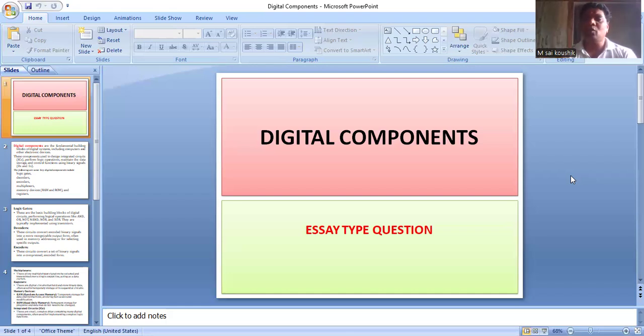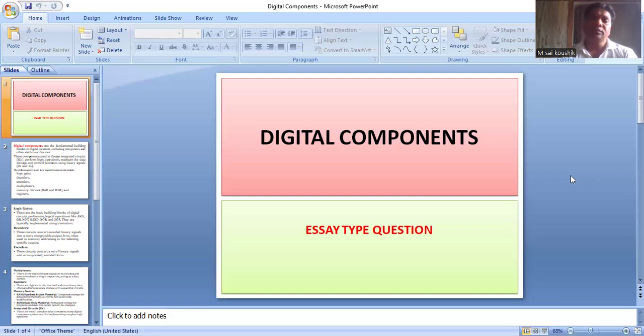We simply put a question mark here. The background operation of the computer is controlled by some kind of components. We need these components to manage the data, to organize the data, and to organize the computer.